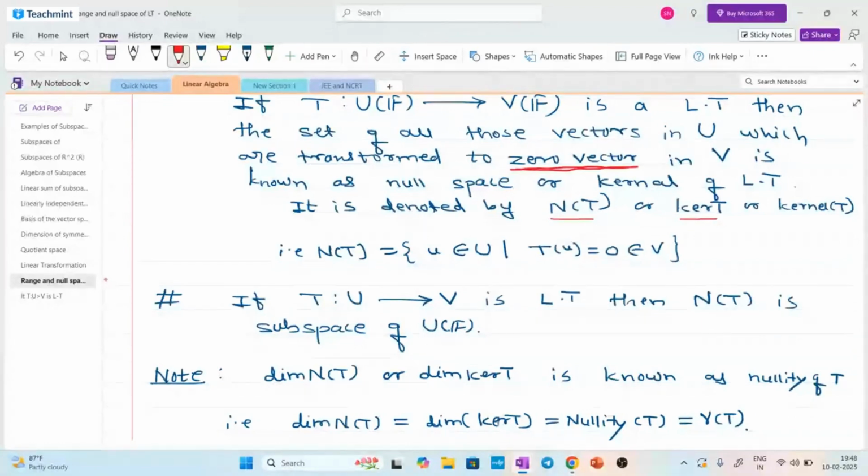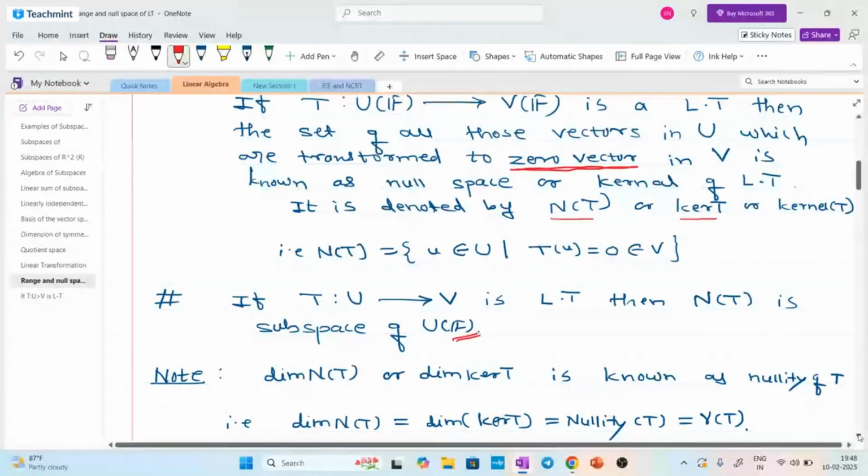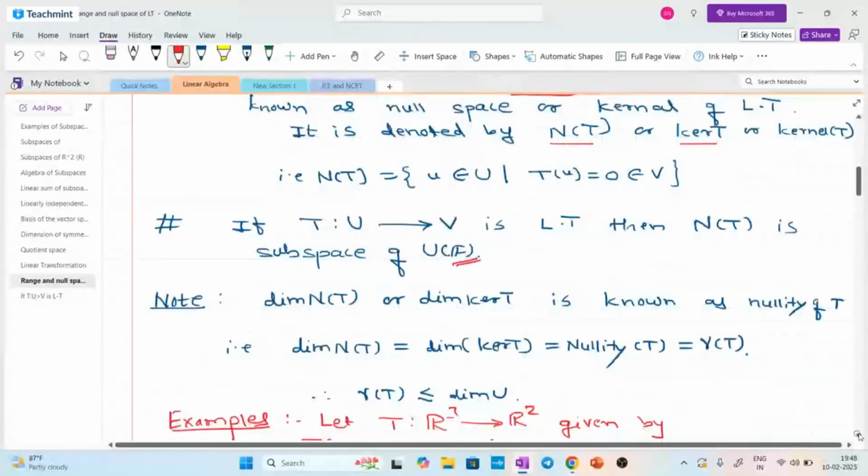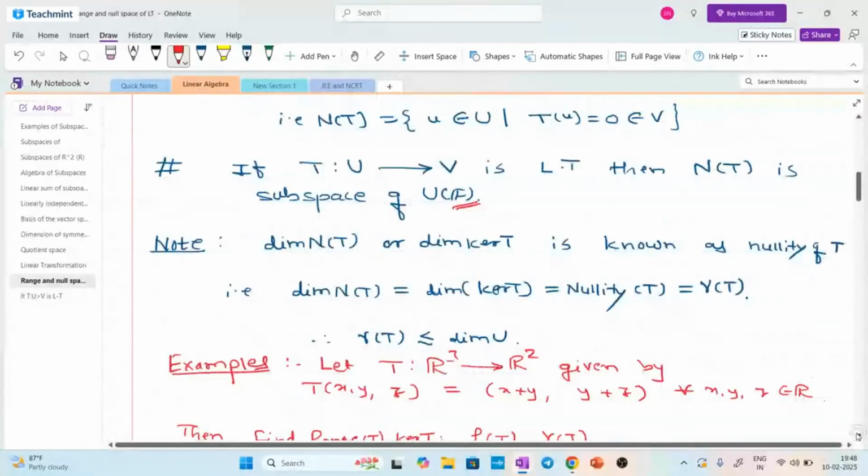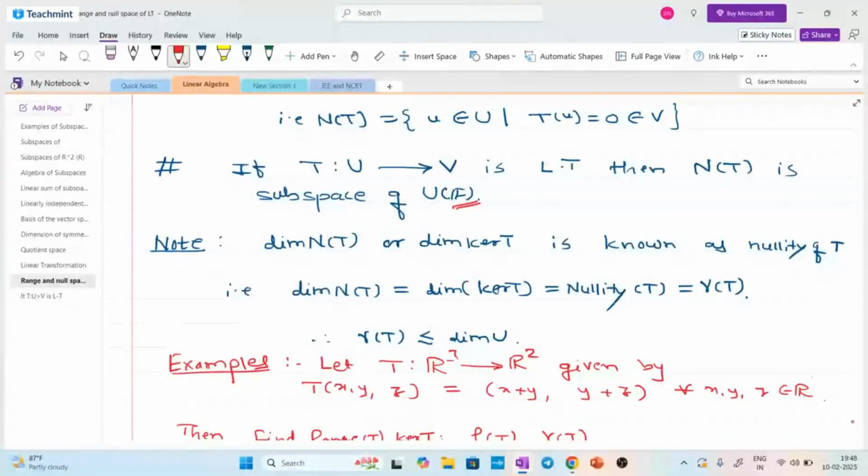Next, if T from U to V is a linear transformation, then N of T is a subspace of the domain. It is most important: it is always a subspace of the domain vector space. And next we define their dimensions.